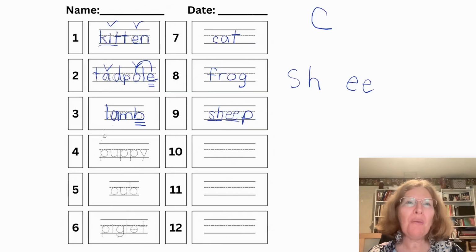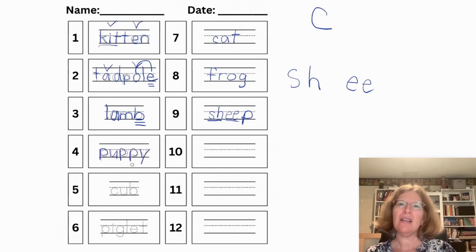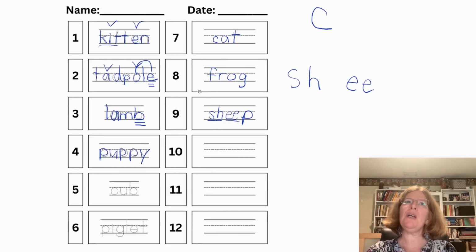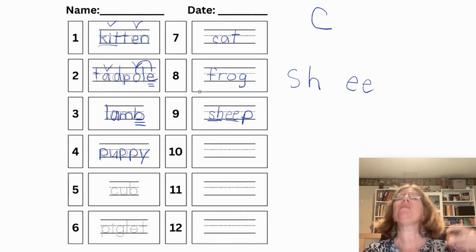Row number 4. We're on row number 4. Sound it out as you write it. P, p, p, E. Sound it out. P, up, p, E. How many syllables? Puppy. Read the word puppy. Puppy. Now, there's a consonant here that says more than one sound.